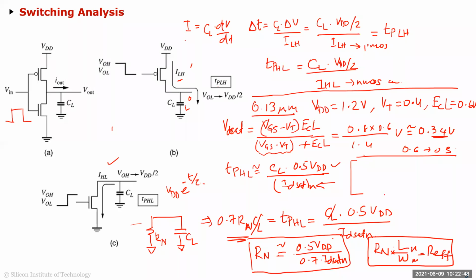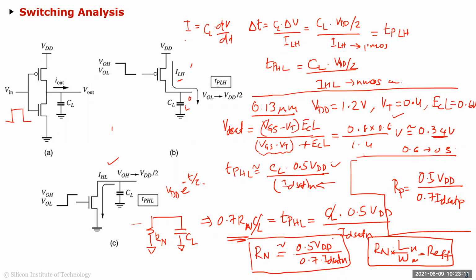Okay, and similarly you can write for RP, for the PMOS, it will be 0.5 VDD divided by 0.7 IDSAT P, because if you do the same calculation for VDSAT for P, you'll realize that most of the time it is in saturation region.